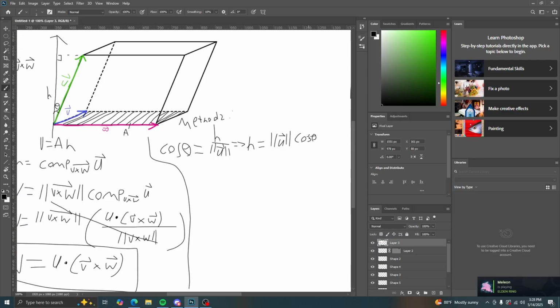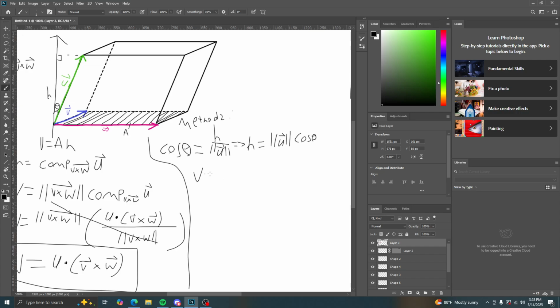So now we have the height. And remember, to get the volume, we just have to multiply the height by the area. We already have the area: it's just the magnitude of the cross product of v and w.